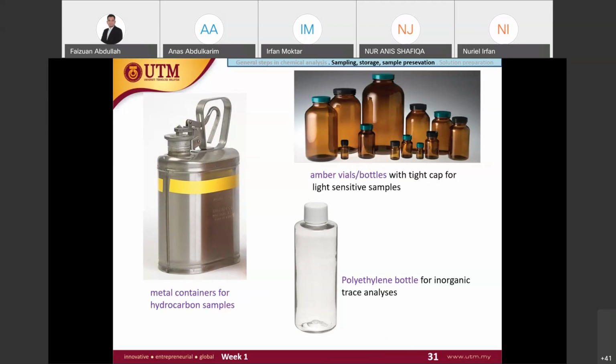Can anyone give me? Petrol. Petrol, yes. Then what else? You are petroleum engineers to be, guys. What is the hydrocarbon samples example? Oil. Oil. And then what else? Gas, oil and gas. Oil and gas. Okay. And what else? Hydrocarbon type of sample.